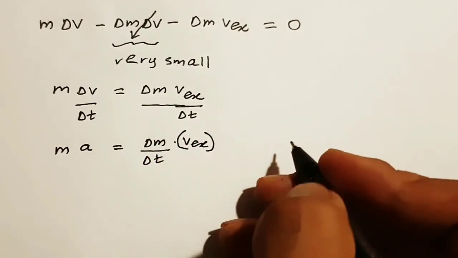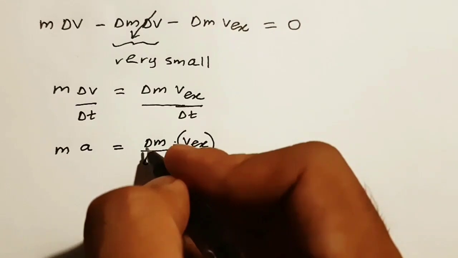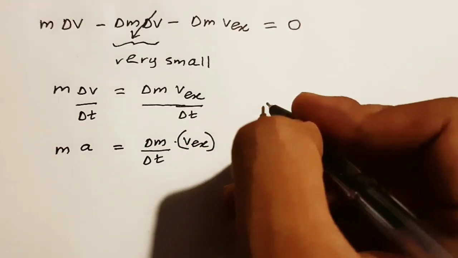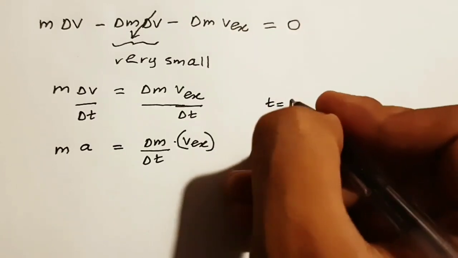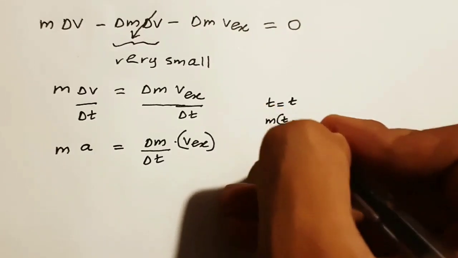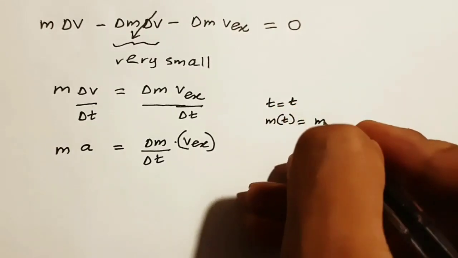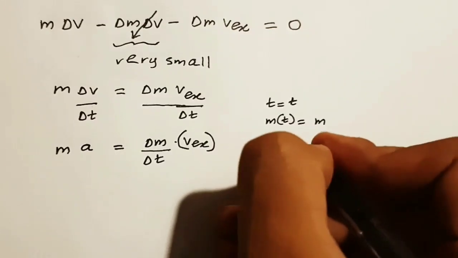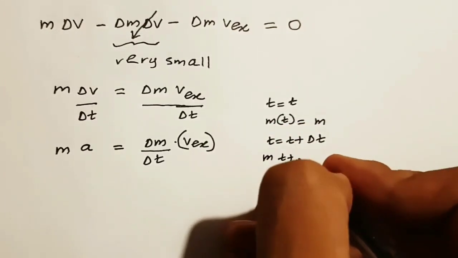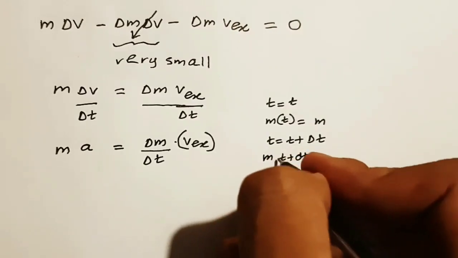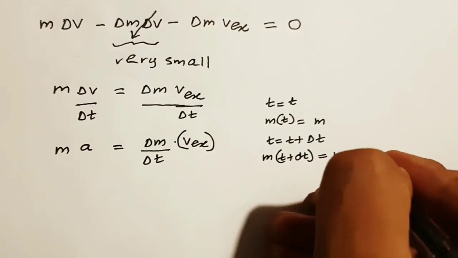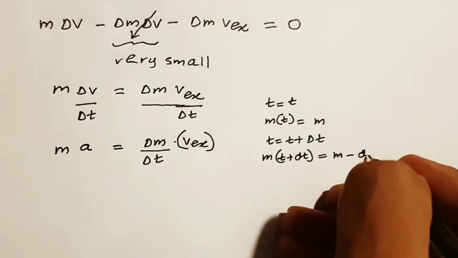We can also proceed with this delta m using differential equations. At time t, the mass M(t) is equal to m, whereas at time t plus delta t, M(t plus dt) is equal to m minus dm.